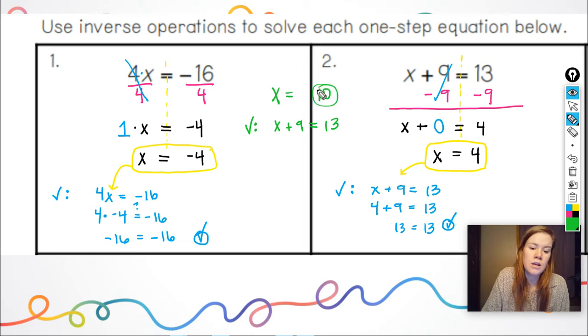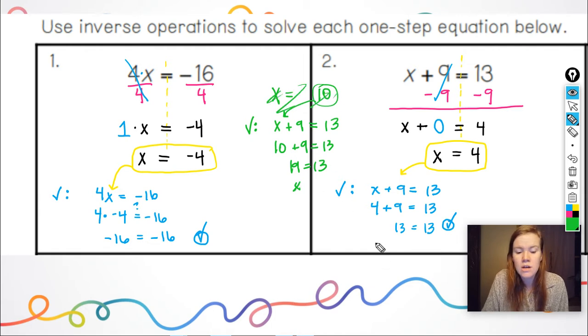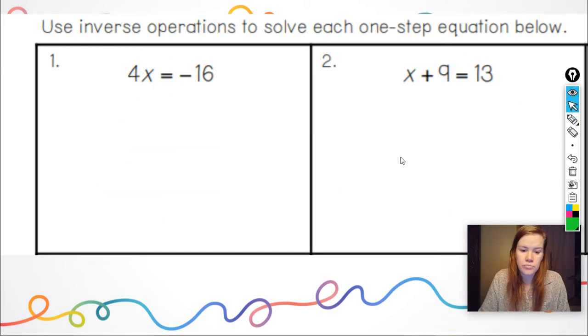You would be plugging in that thing you think x is, 10, and you'd get this. 10 plus 9, 19 equals 13. That doesn't make any sense because your answer is not correct. So if you check your work, you will be 100% confident that you're right. If you get something that doesn't make any sense, you need to solve it again.